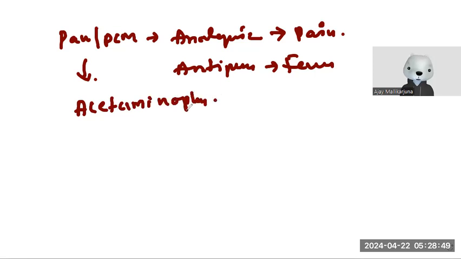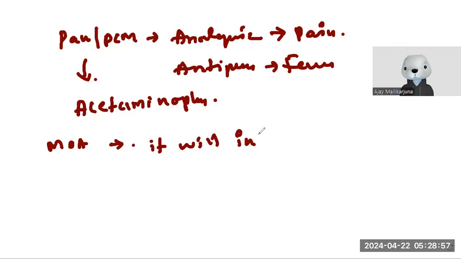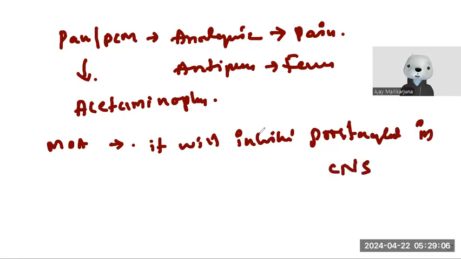What is the mechanism of action of acetaminophen? It will inhibit prostaglandin in the central nervous system, because prostaglandins are released during infection, when there is interleukin 1, 6 and TNF.